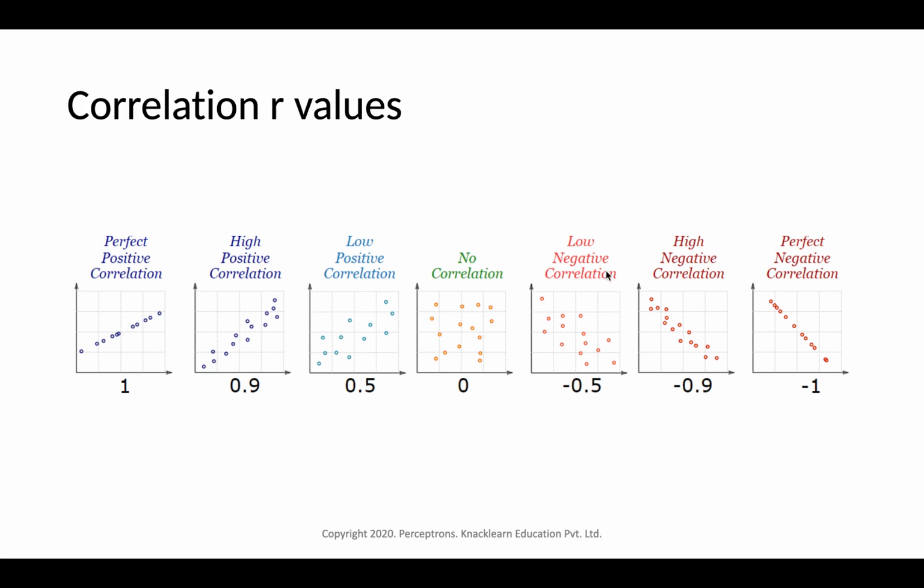And then here we can see a low negative correlation, that is minus 0.5, then a high negative correlation, minus 0.9, and a perfect negative correlation, that is minus 1. That means when x is increasing, y is decreasing. In the first case, x is increasing, y is also increasing, but in the last case, when x is increasing, y is decreasing. So this is what we are getting here.